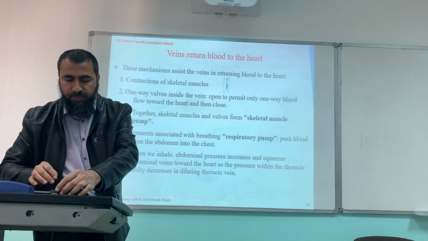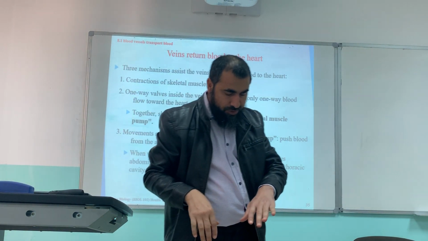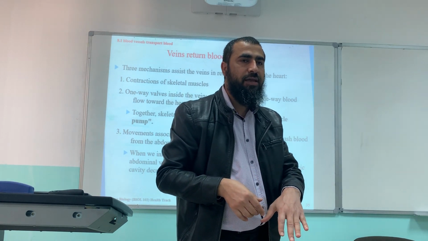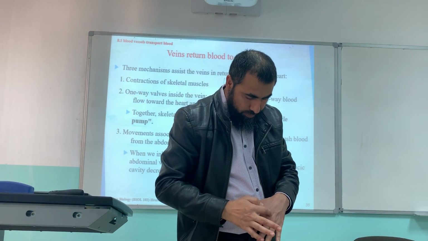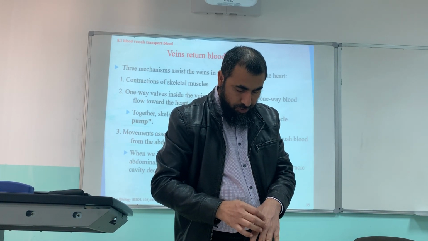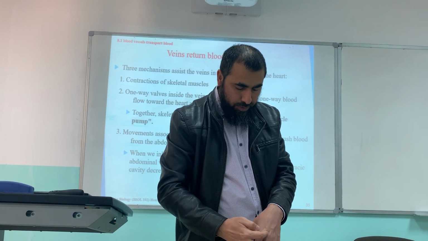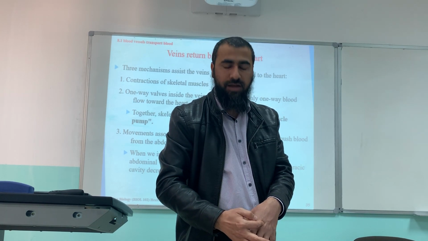okay? There's a simple experiment you can do with your arm to check for the valves, okay? So, if you see the veins in your arm, these are the veins, what you can do is hold below, put pressure on it to block the vein, okay?